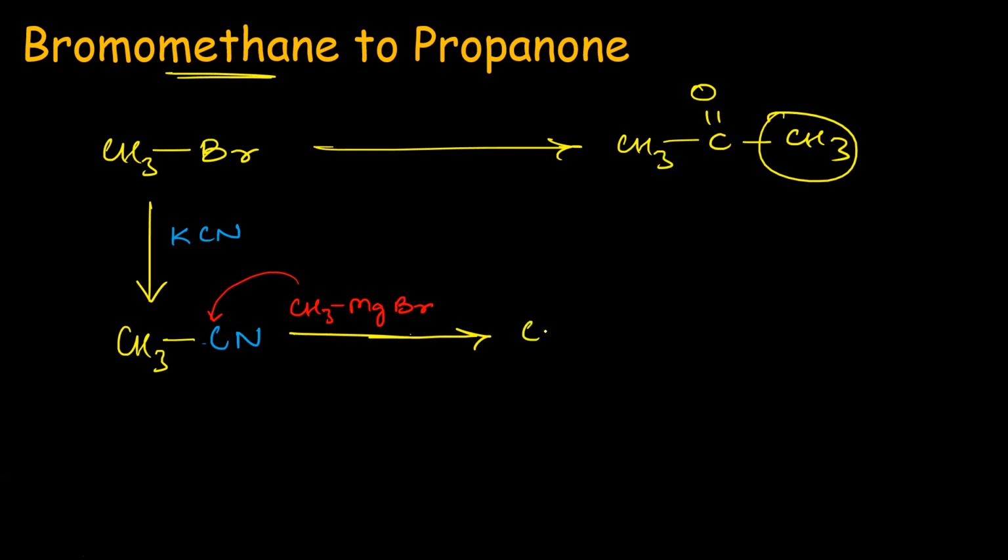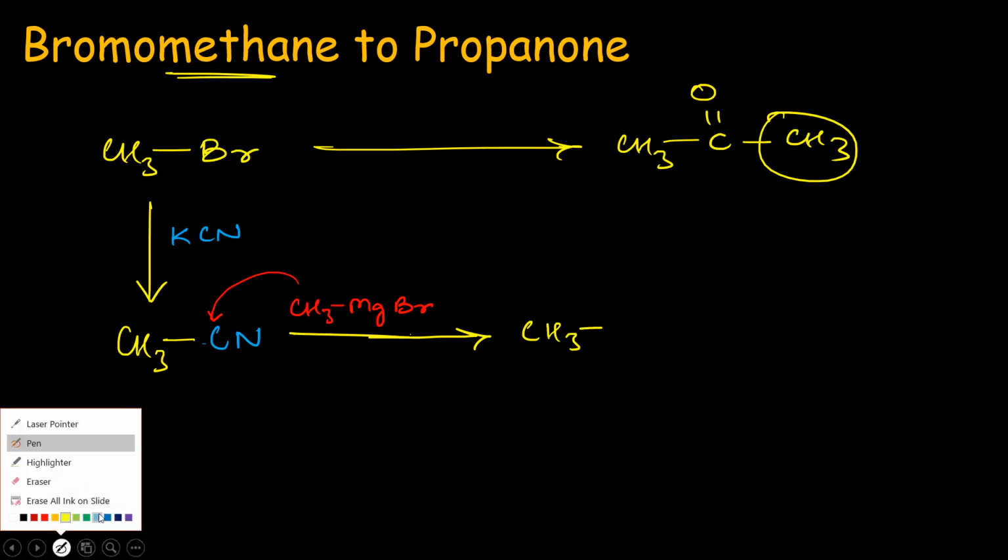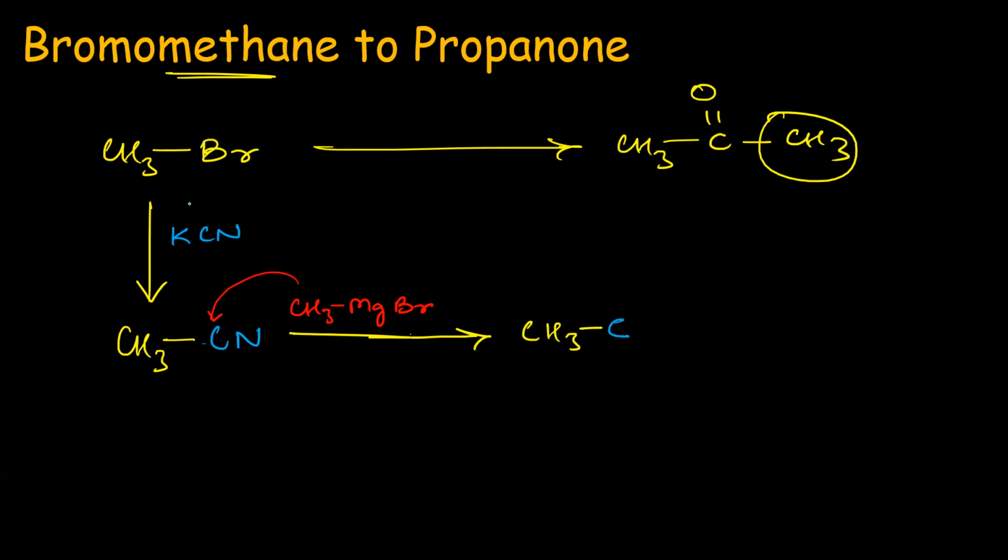We will be forming CH3, which is coming from bromomethane. Then you have the carbon atom that is coming from the KCN, which has a double bond with nitrogen now. And what is attaching on this carbon atom now? We have a CH3 group that is coming from the Grignard reagent. And we have MgBr here. See how beautiful this reaction is.